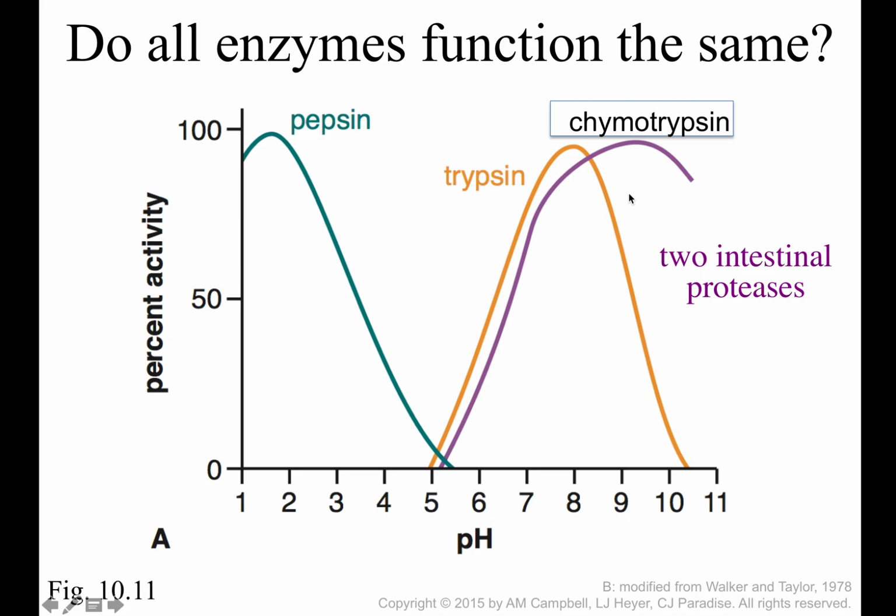There's something that happens in digestion where the pH of the environment where food is digested can change. Maybe you'll get into that in Principles 2 or in another physiology course.